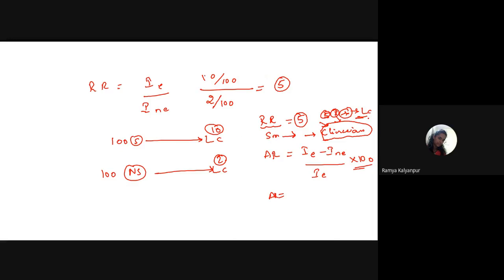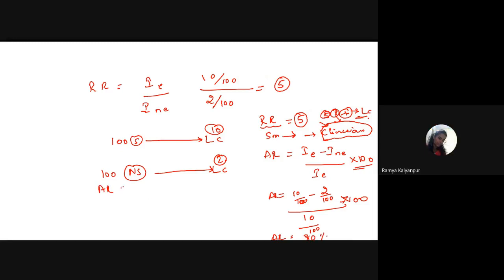The incidence among the exposed is 10 by 100, minus the incidence among the non-exposed, 2 by 100, divided by 10 by 100, into 100. Now calculate and tell me how much it will be. 80. 80%.